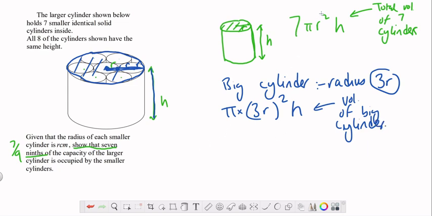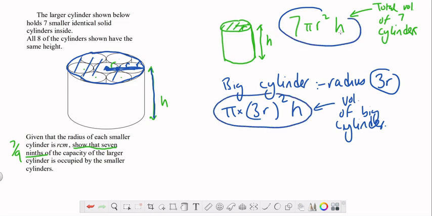Now I want to know what this is as a fraction of this. So I'm going to represent these two expressions as a fraction. That will be 7 pi r squared h, the total volume of all 7 cylinders, out of the volume of the larger cylinder, which is pi, 3 squared is 9, r squared is just r squared, and you've just got the h.